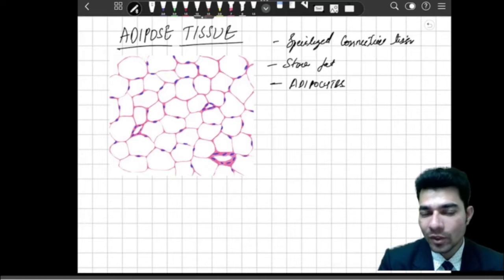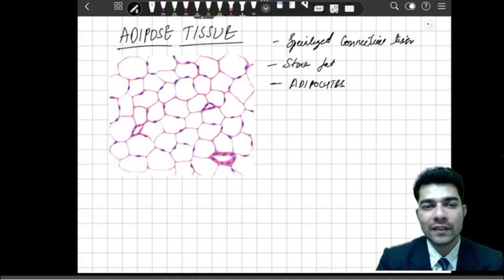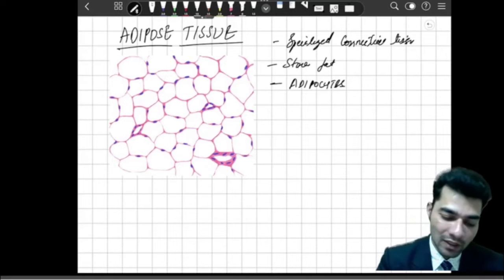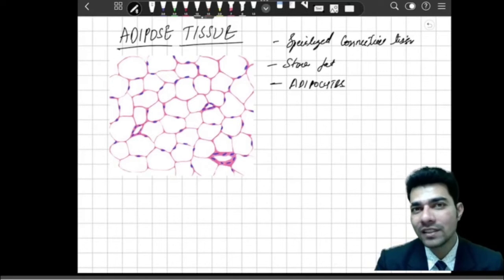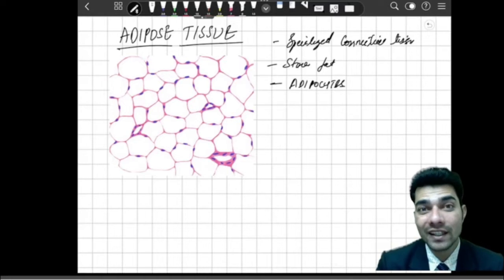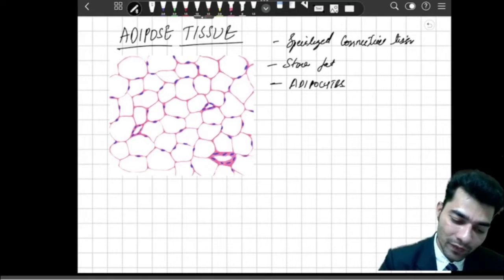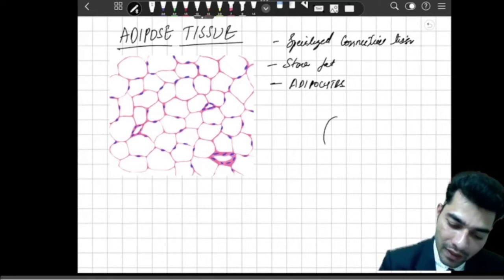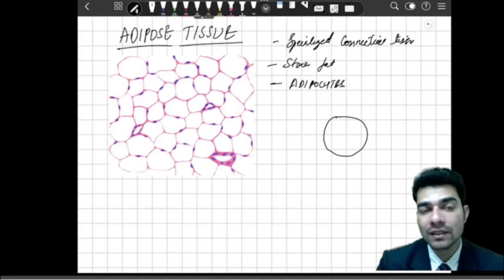How are they? In this slide you are able to see a very white or stainless area with a rim of pinkish, eosin stained cytoplasm and a small peripherally placed nucleus. This is what the signet ring pattern is known as. The adipocyte contains fat vacuoles, or fat globules, let's say.